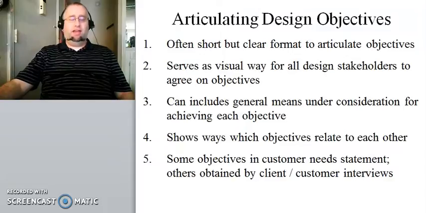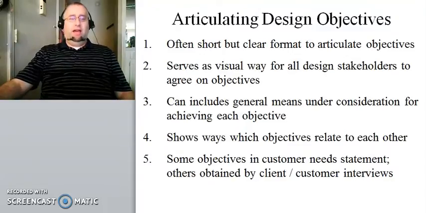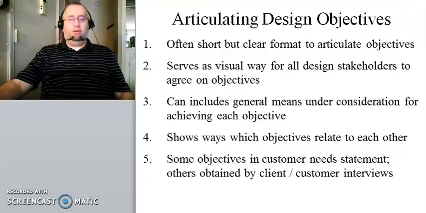As we'll discuss in the next coming slides, there are certain objectives that are very, very important, sort of critical level 1 objectives, and then a lot of those objectives are spoken to by less important, say level 2 or level 3 objectives. Part of what this design objectives document that you will create from the customer needs statement does is show the relationships between those really important objectives and then the slightly less important objectives.